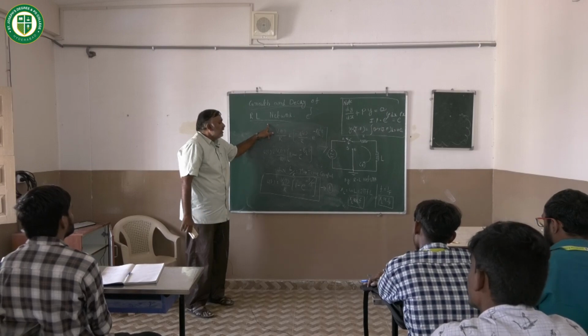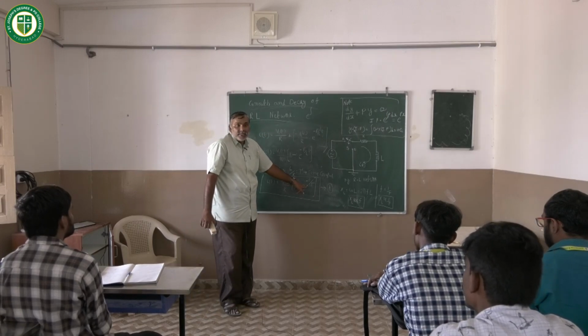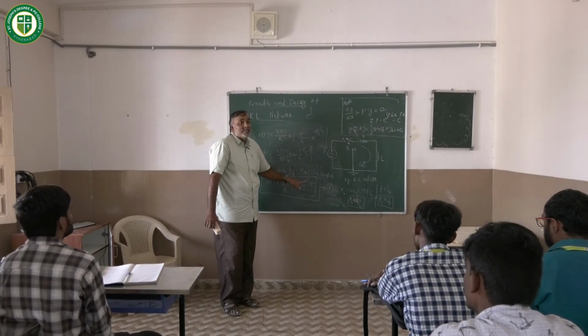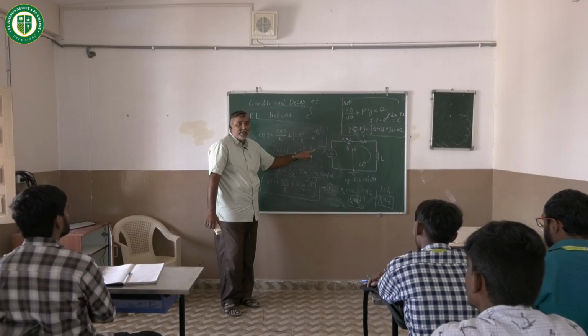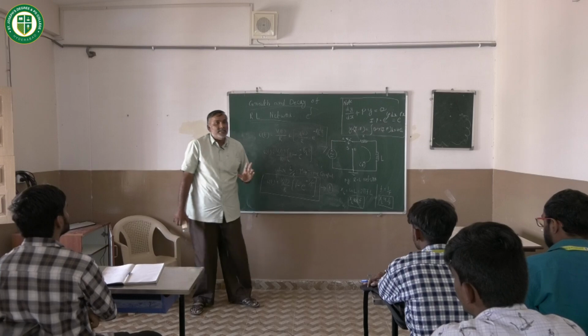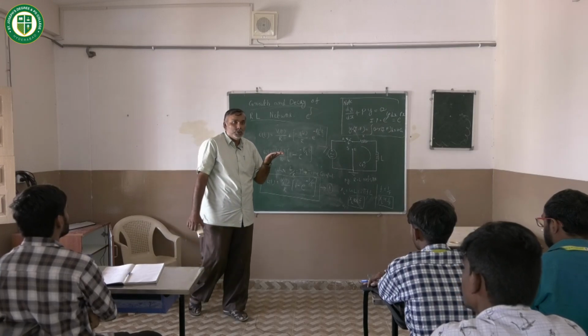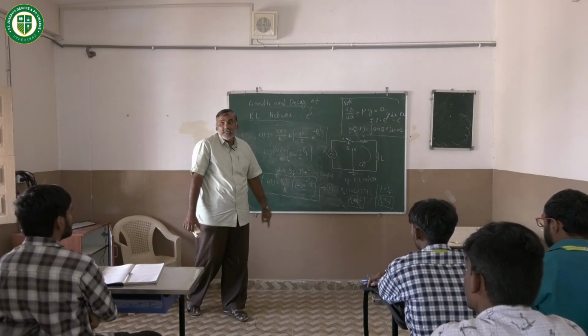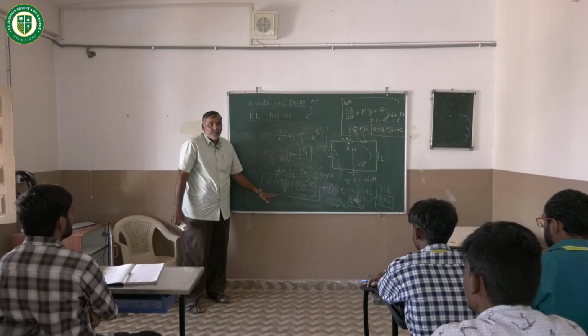What does it say? It is an exponential equation. So the charge is increasing exponentially in an inductor. That is called growth. If the charge is decreasing, it is called decay. Clear, class?